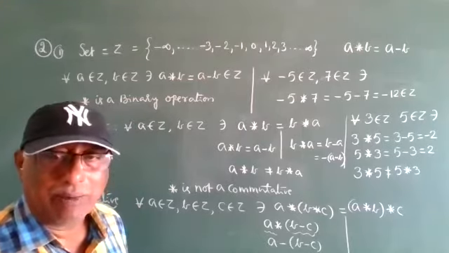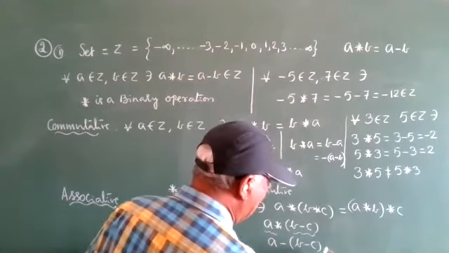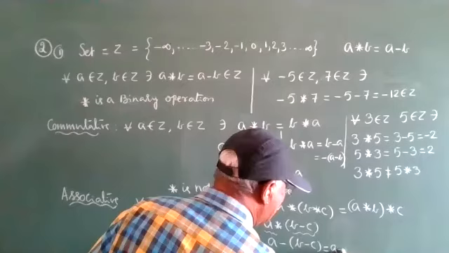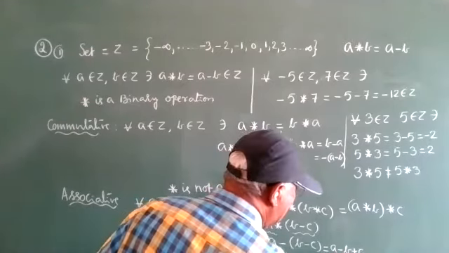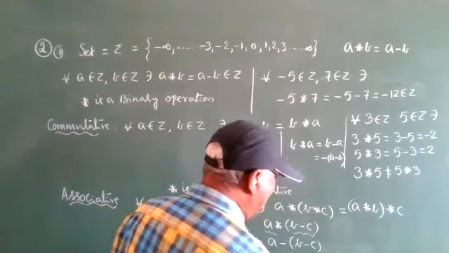Write down A minus B plus C. This value is A minus B, minus times minus is plus, C.